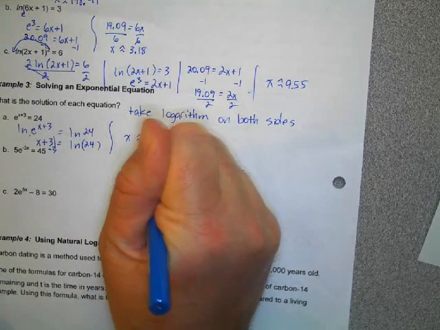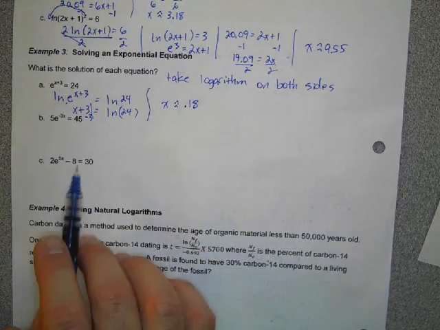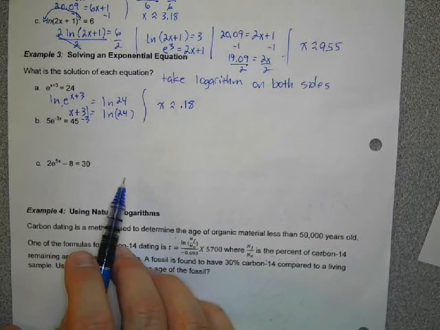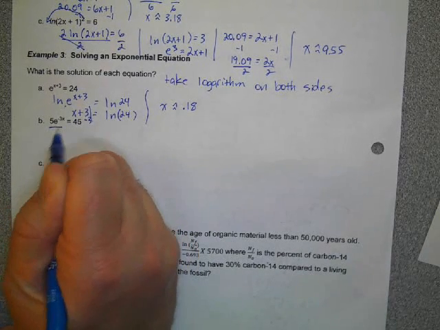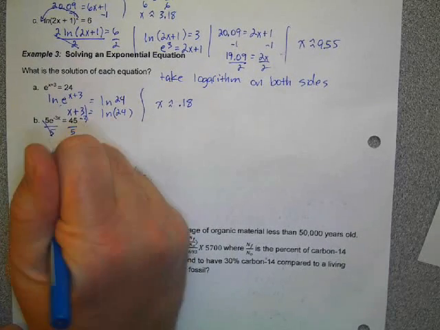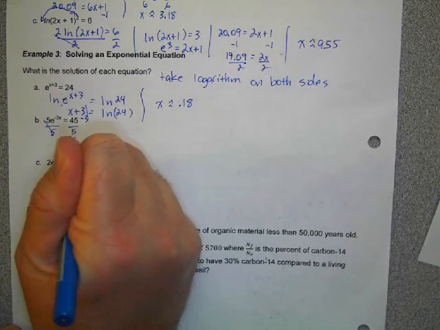In part B here, you've got another exponential equation. First, before you take the ln of both sides, divide the 5 out. Get rid of the 5. So that leaves you with e to the negative 3x equals 9. Then go ahead and take the ln on both sides.